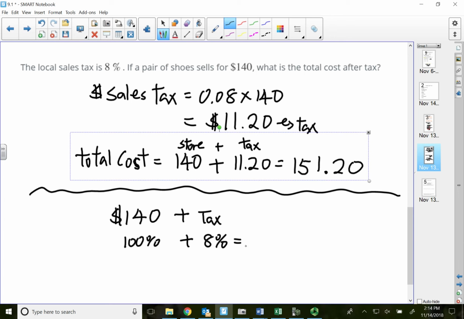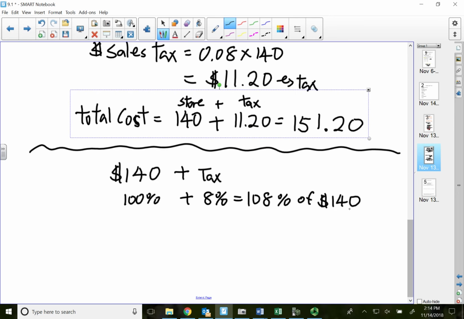So what that means is, I actually will end up paying 108% of this pair of shoes, of the $140, isn't it? 100% goes to the store, right? And 8% goes to the government, to the tax. So I end up paying 108% of what I'm purchasing. See, we do this every time we go shopping, okay?